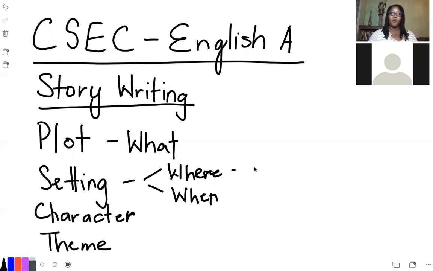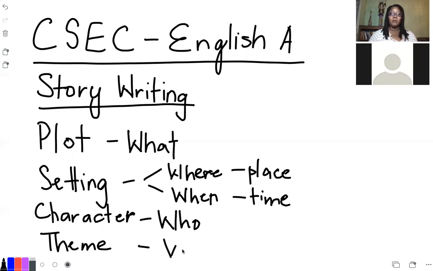So where, of course, would be the place, and when would be the time. And we're going to discuss these in a little bit more detail in a bit. The character would be who is in the story, and the theme, to some extent, would be why, or what is the lesson that you're learning from the story, okay?